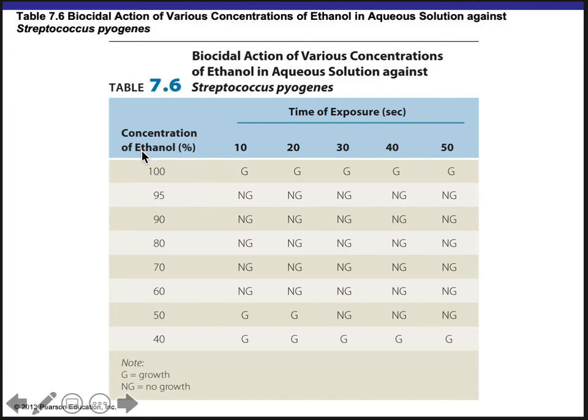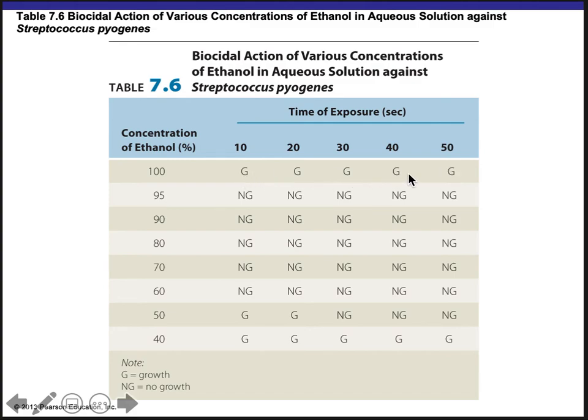So if you look at the concentration of ethanol, and NG stands for no growth, so that's what you want to obtain. You can go up to 95% pure ethanol, 5% water, and you will get no growth. But anything above that, up to 100% pure ethanol, actually will not disinfect, right?